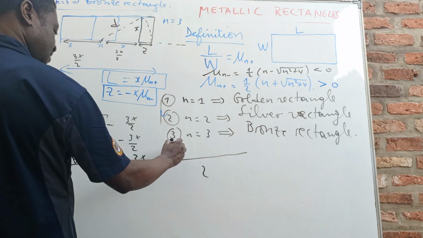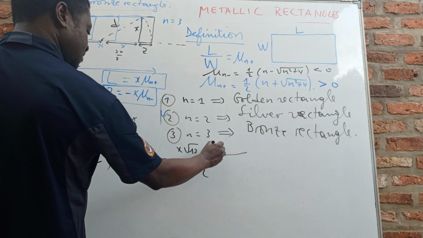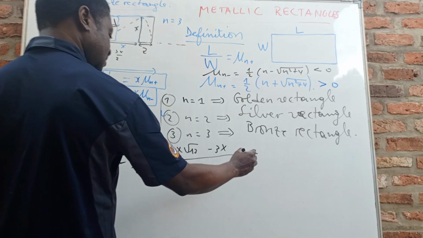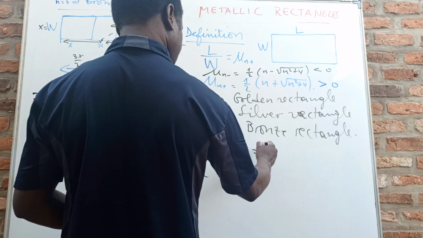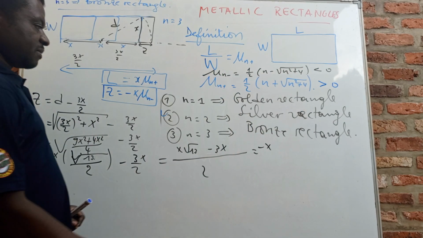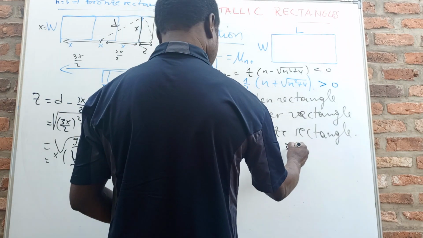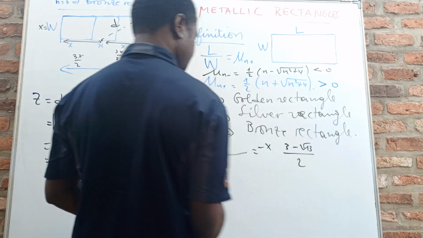And then we have x square root of 13 minus 3x. Now I can factor x out and get x times. If I factor out a negative in order to compare with this, I'm going to get here 3 minus square root of 13, divided by 2.